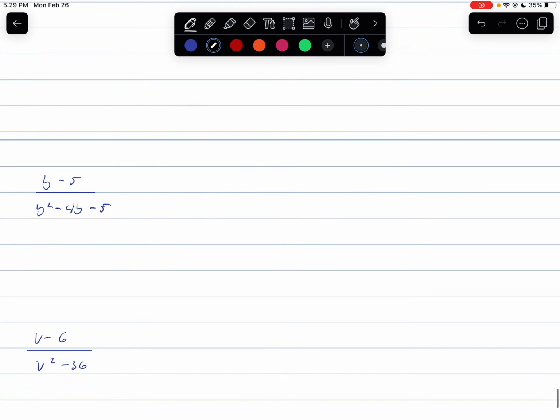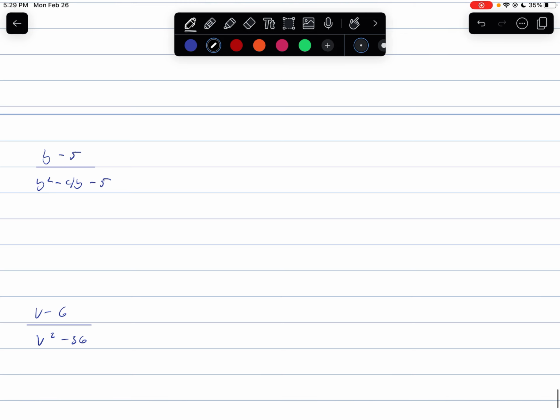Okay, here we have y minus 5 divided by y squared minus 4y minus 5. Okay, well, we can't do much to simplify the numerator. We're just left with y minus 5 still. But in the denominator, we want to find two numbers that multiply together to give us negative 5 and add together to give us negative 4.